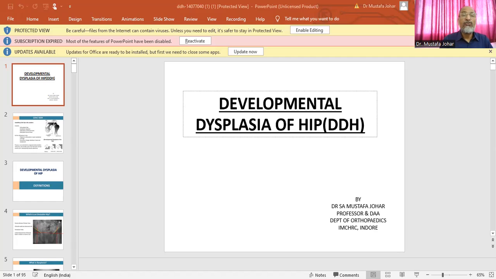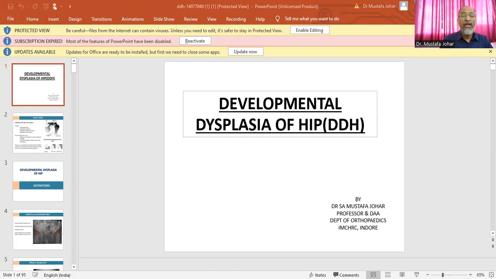The risk factors associated with DDH are the four F's. Number one, the female child, the firstborn child, the foot first, that is the breech presentation, and a positive family history. These four F's are very important, and when these four F's are present together in one particular child, the child is very much prone to the development of DDH.